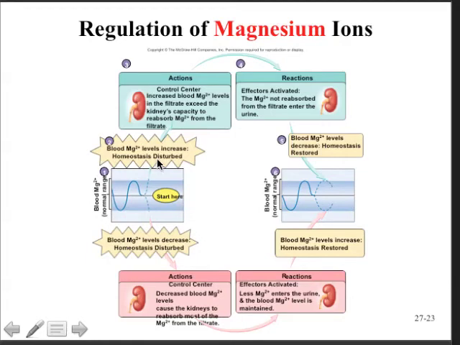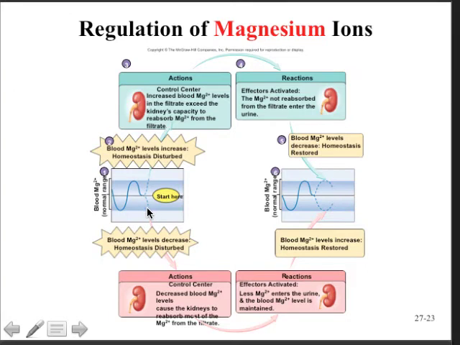Blood magnesium levels increase, homeostasis is disturbed, so what happens here is that the increased blood magnesium in the filtrate exceeds the kidney's capacity to reabsorb magnesium from the filtrate, and the result then is that we lose magnesium. The magnesium is not reabsorbed from the filtrate and it enters the urine, and the blood magnesium levels go back to their normal set state.